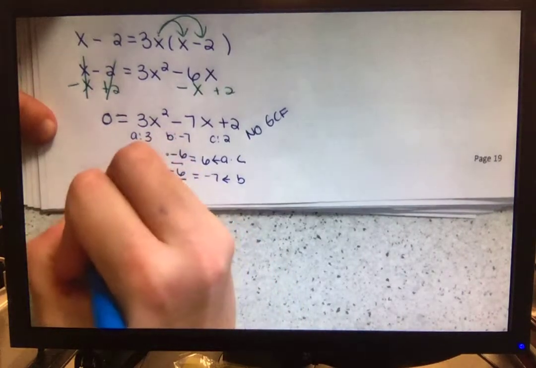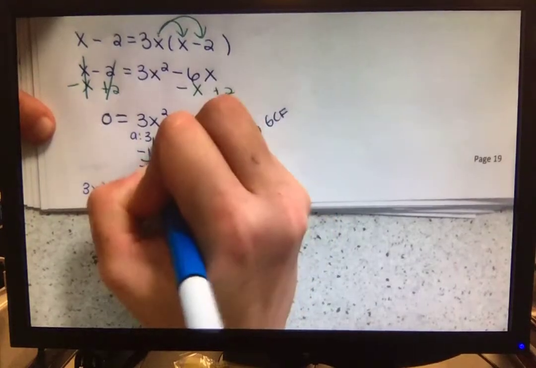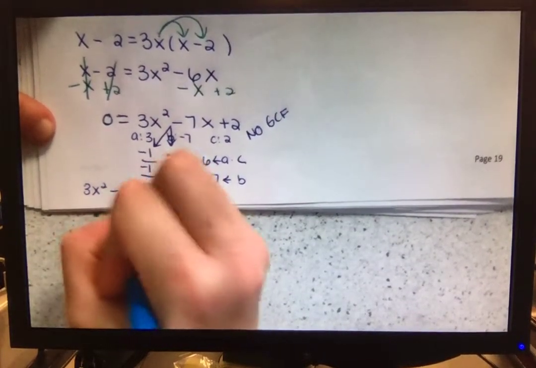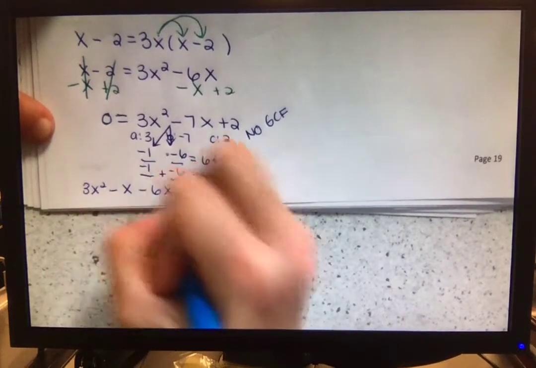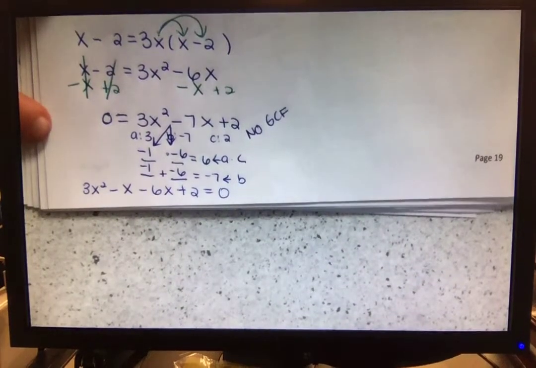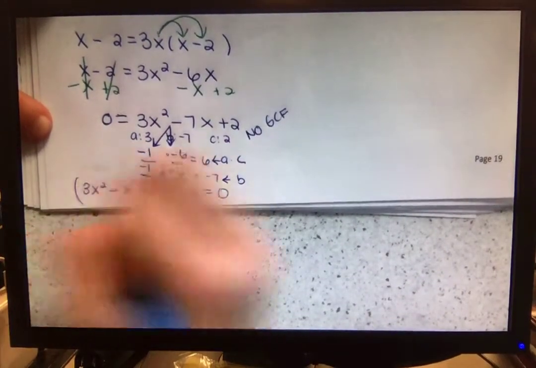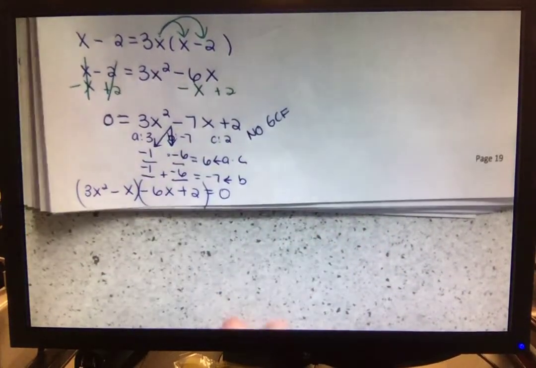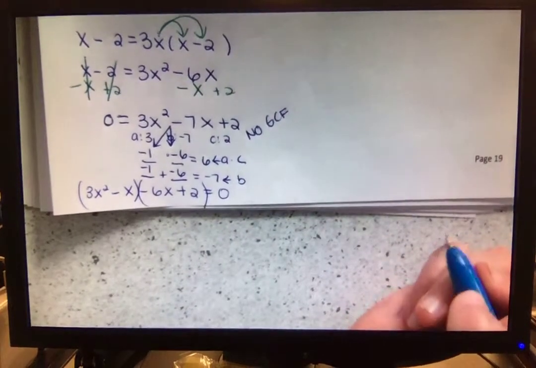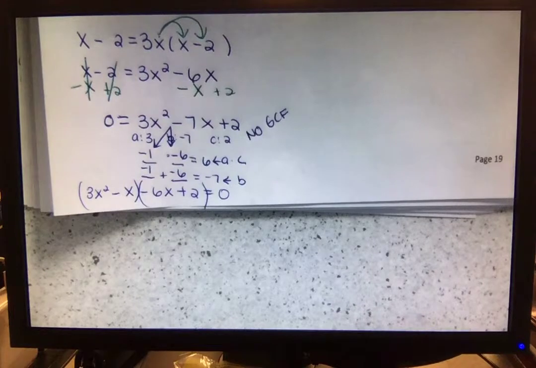So we have 3x squared. Instead of negative 7x, we're going to split up negative 7x using the numbers in our blanks. So negative 1x minus 6x plus 2 equals 0. So now I can group the first two and I can group the last two. Group the first two, group the last two.